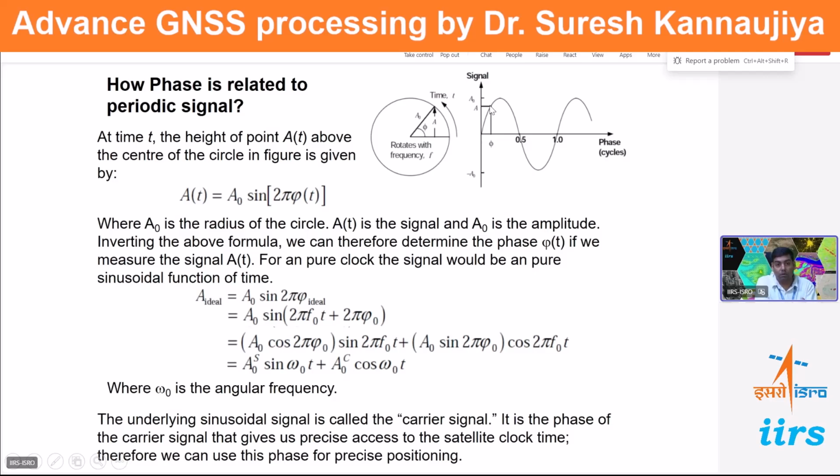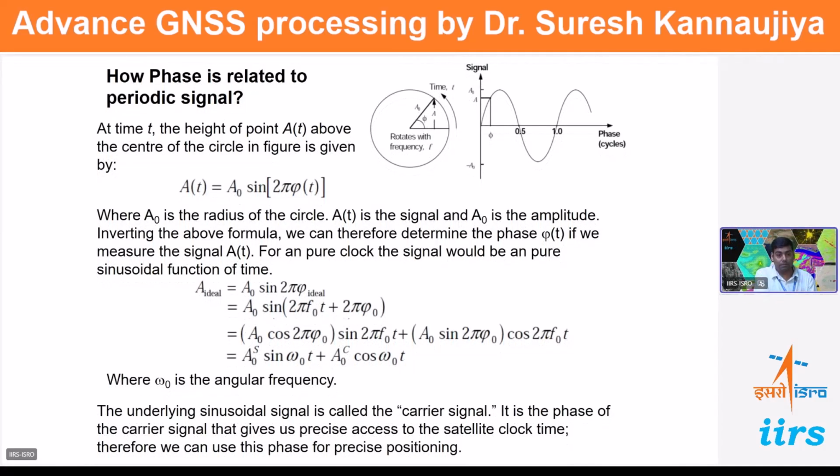If we want to see this point on this circle, it will be somewhere here. You can see the formula. With the help of this formula, we can calculate at this particular time what the amplitude is and what the phase is. All this information we can estimate. This is the formula we use to derive the sinusoidal variation of the GPS signal.